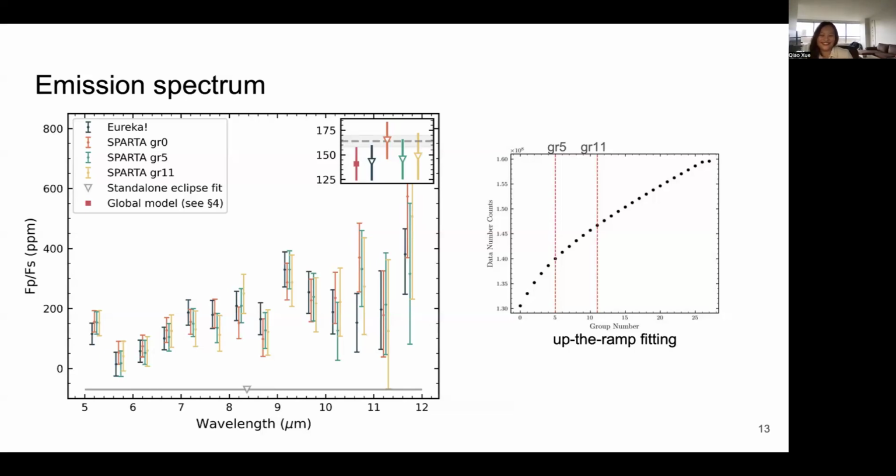Yeah. I guess it does make me wonder how much more life those MIRI detectors still have in them. I guess you weren't taking any data beyond 20 microns, but even beyond 15 or 18 microns or so, the quantum efficiency has just really tanked.